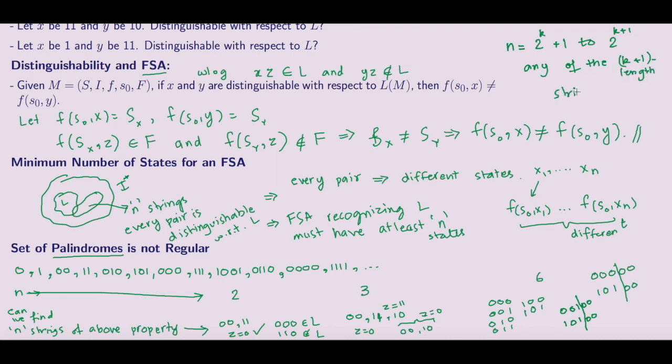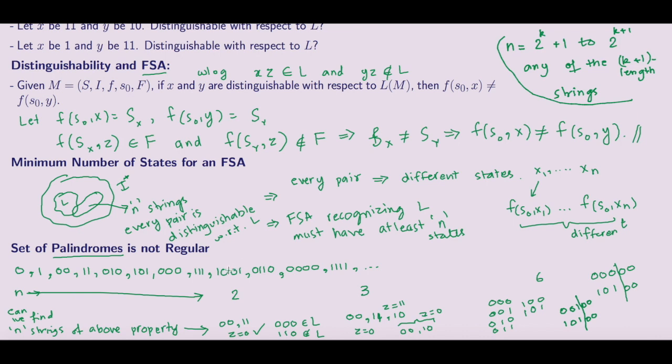By inspection we can see that they are pairwise distinguishable. So this means that we can find any n for which each pair is distinguishable with respect to palindromes.